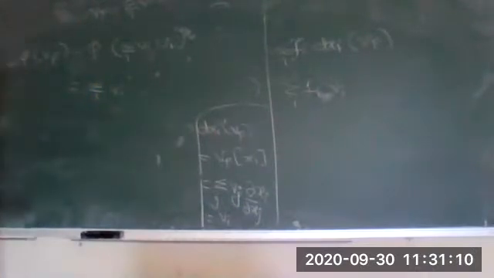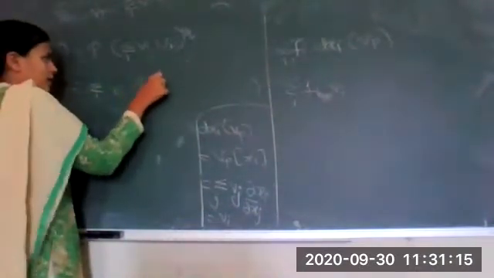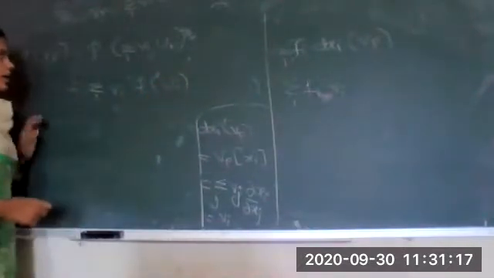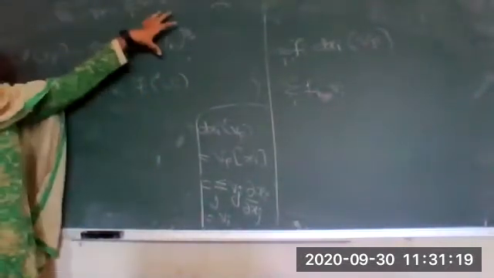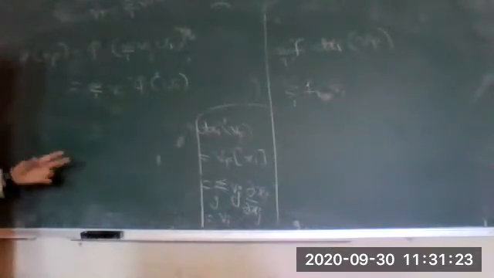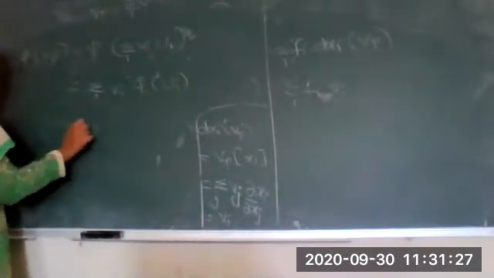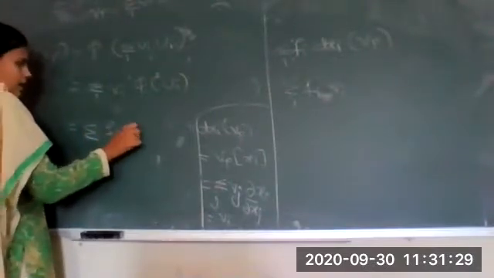These vi's are nothing but the coordinates of the tangent vector Vp, which we can take outside. What remains is phi of ui, because phi operates on a tangent vector or a vector field. But what is given to us in the statement, phi of ui, is nothing but fi. So we get fi into vi.